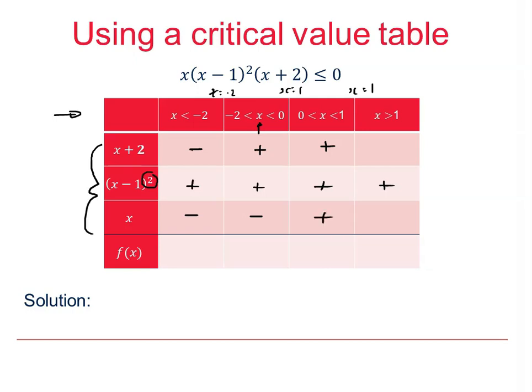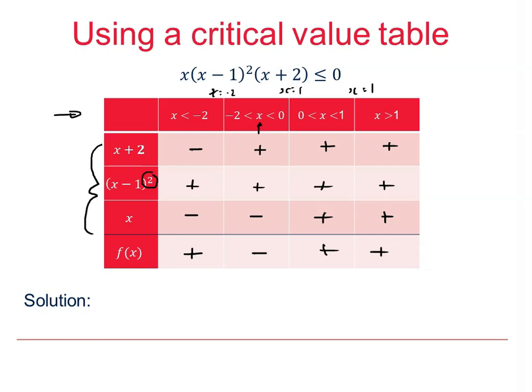And of course, above x equal to 1, so x greater than 1, all of the factors are positive. We can then combine those to work out whether f of x is positive or negative. So in the first column, we've got two negative factors and a positive, so in total that is positive. It then turns negative, and then finally 2 regions which are positive.